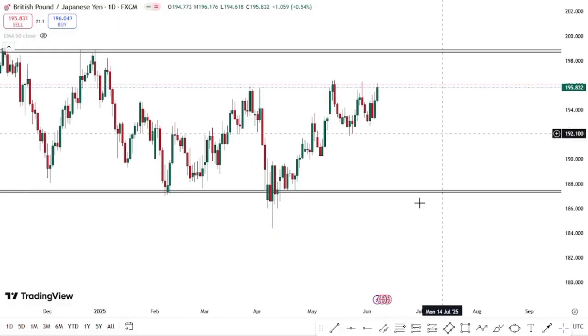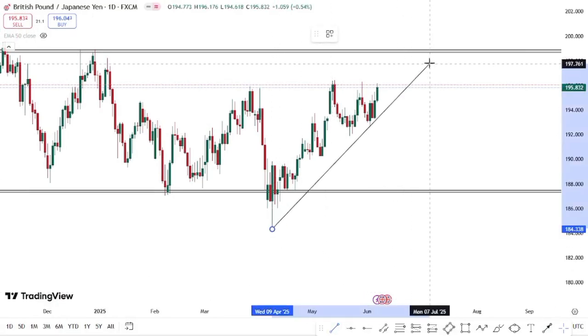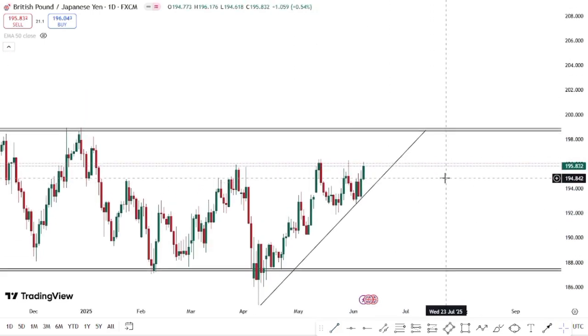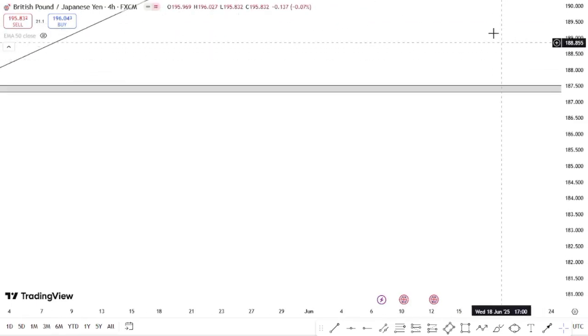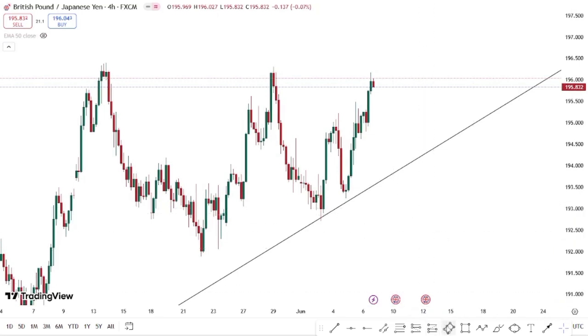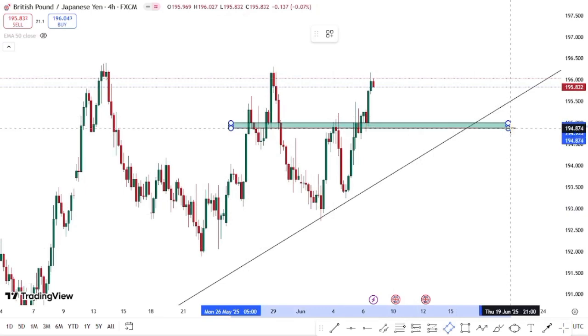On the daily time frame, if I draw my trend line like so, we can see a clear uptrend. So all I'll be doing is to come down to the 4-hour time frame to see what is actually happening. On the 4-hour time frame, I'll be expecting GBP JPY to retest this particular bar here to give us a clear entry to the upside.